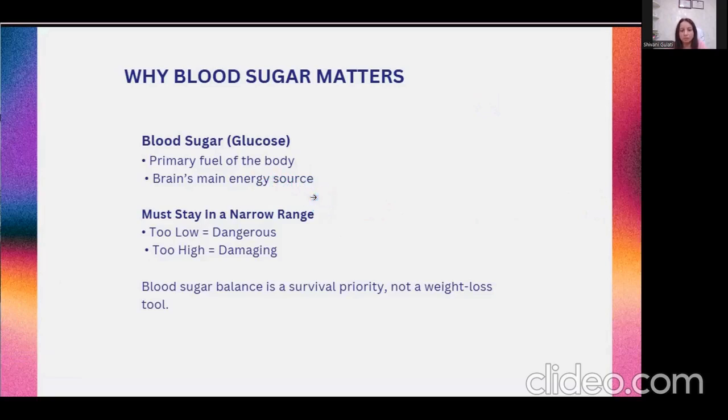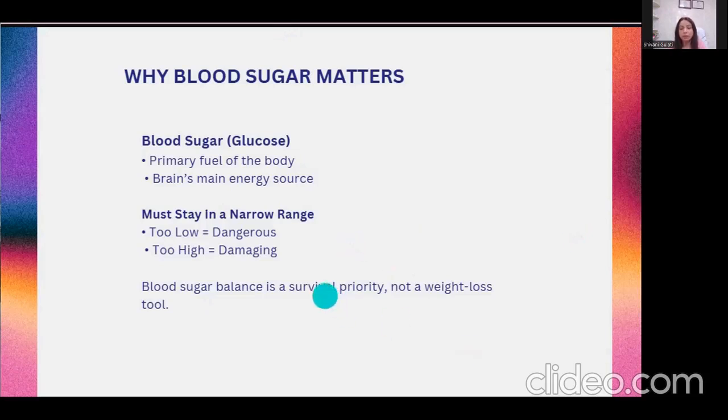Unlike muscles and liver, the brain cannot store glucose, so it needs a steady supply all the time. Your brain needs glucose every second.